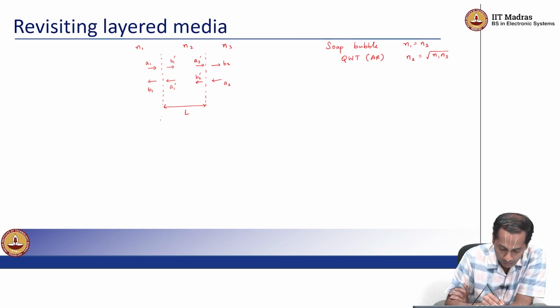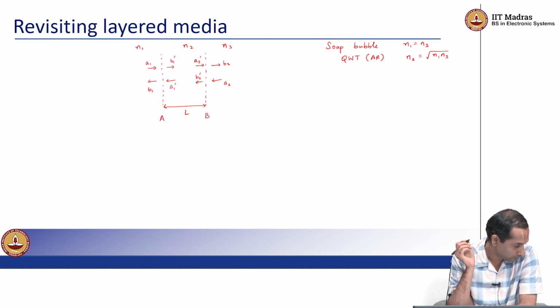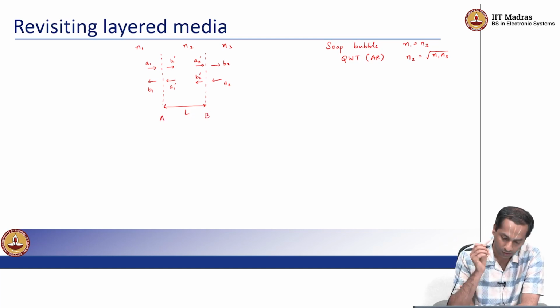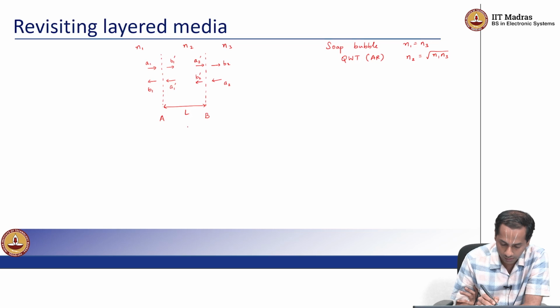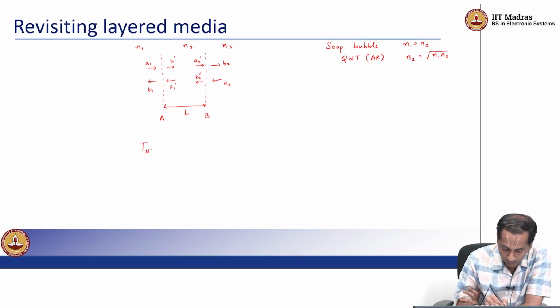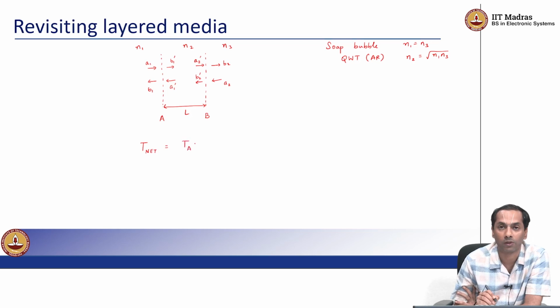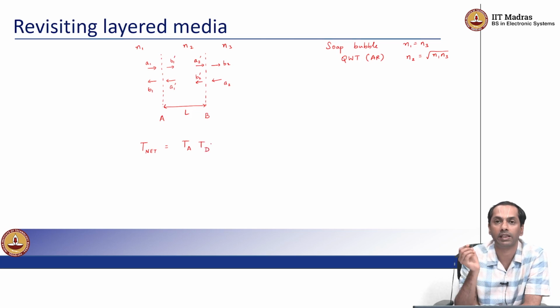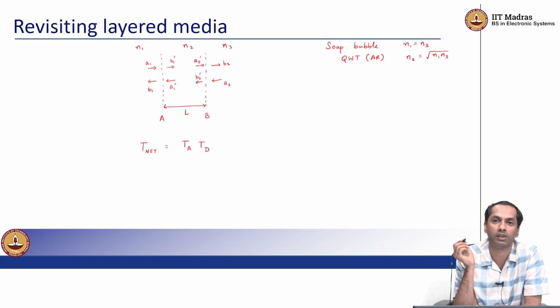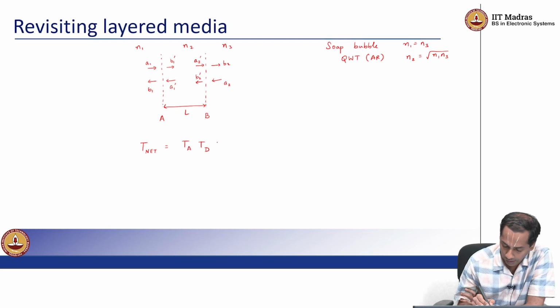So let us call these interfaces A and B. We can say that the net transmission can be given by the transmission matrix for the dielectric boundary at A multiplied by TD, D standing for the delay. So there's a delay transmission matrix for the plane wave going from interface A to interface B, and then I multiply that with TB.